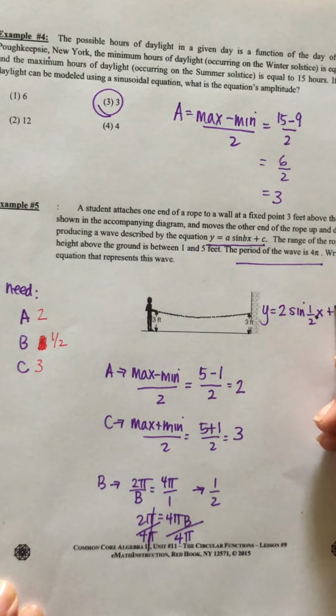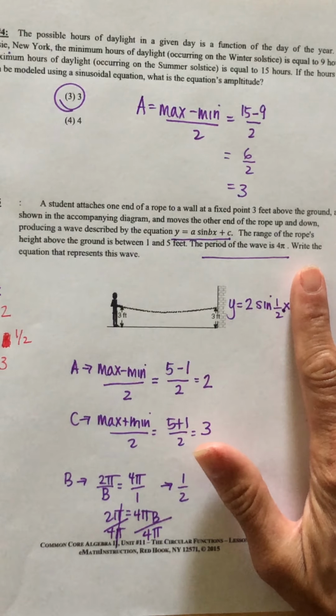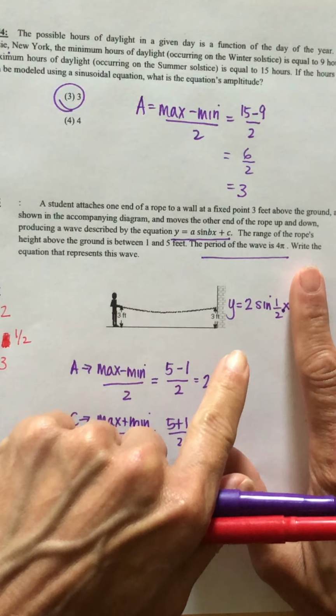A couple of things. Think about the picture. That 3 represents your midline. That's where you actually attach the rope to the wall. Also, if you started your graph without the shift, you would go to a height of 2 and a minimum of -2. But remember, it's a sine curve, and sine always starts at 0.